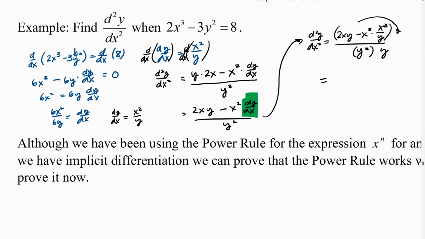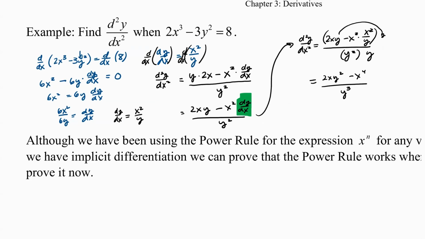So if I distribute this y across, I get 2xy squared. And when I do this across, the y's will cancel, leaving me just x to the fourth. And on the bottom, I'll have y cubed. And there's my answer to what is the second derivative for that curve.